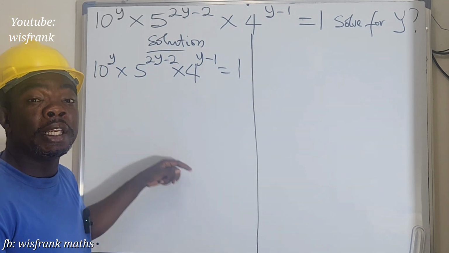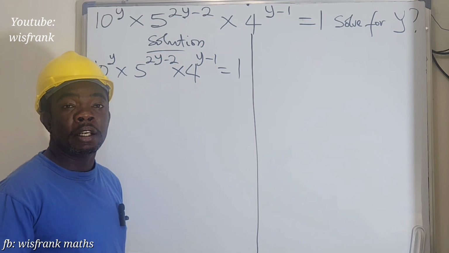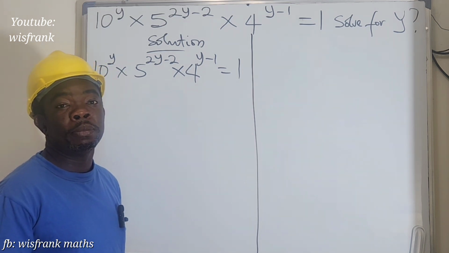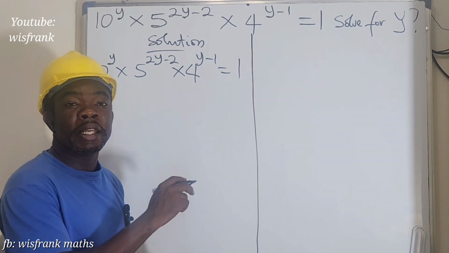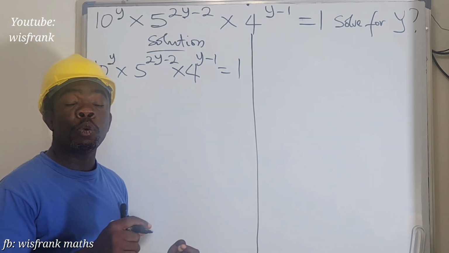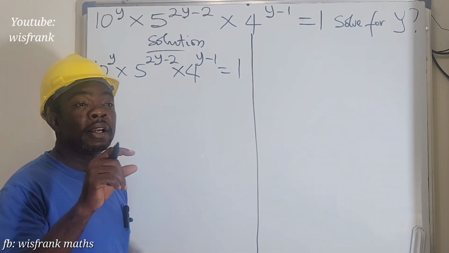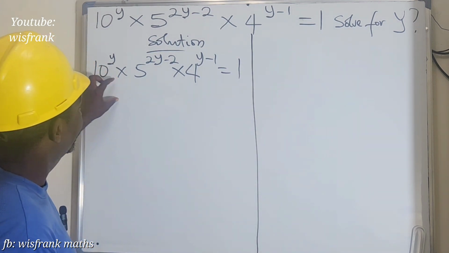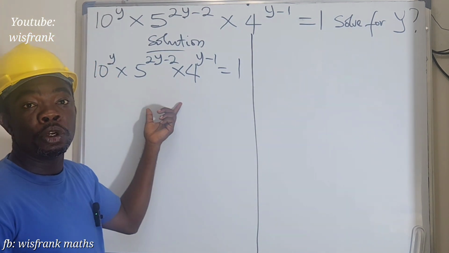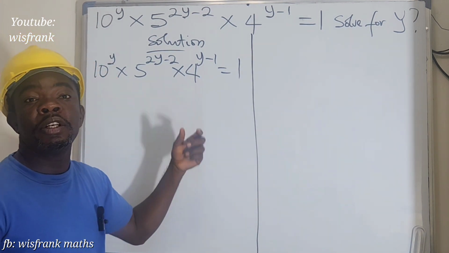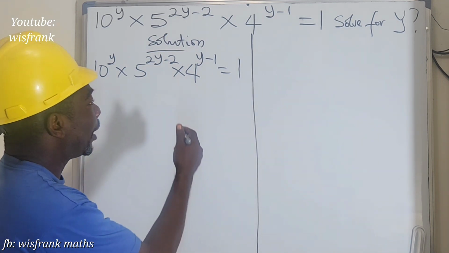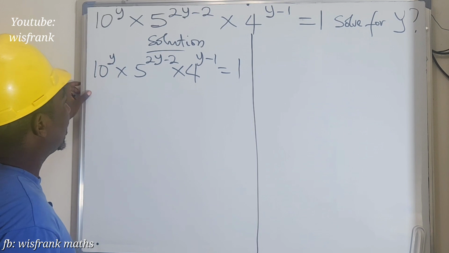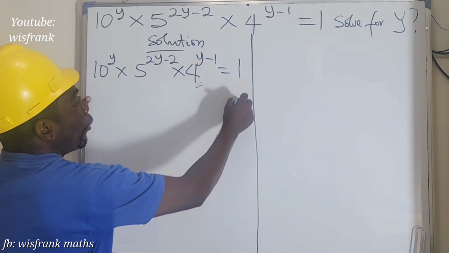In indices, for us to solve a particular problem easily, we must express all of them in the same base so that we will be able to play with their index values. So we will try as much as possible to bring all these different bases to the same base so that we can solve for the value of y. Let's take, for example, 4.